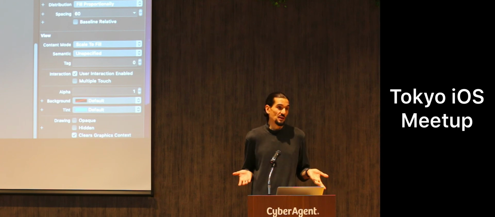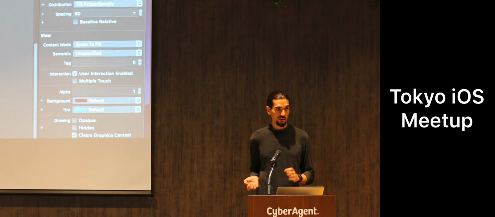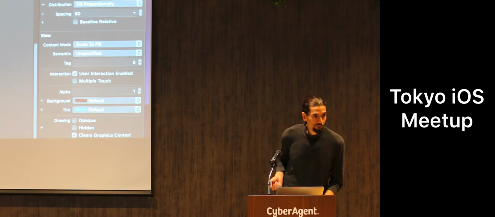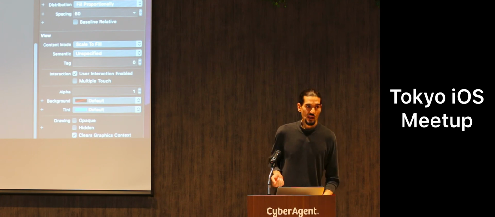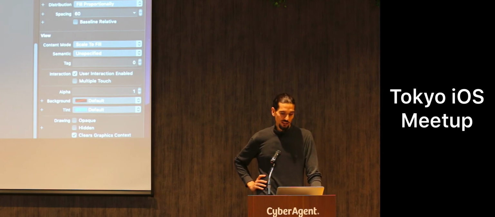Okay, so I would have to see a particular example of why it is failing, but it tends to do that a lot. Stacks are very tricky. Maybe it's solved by putting an intermediary view between the stack view and then the UI view. Well, that could do the trick sometimes.